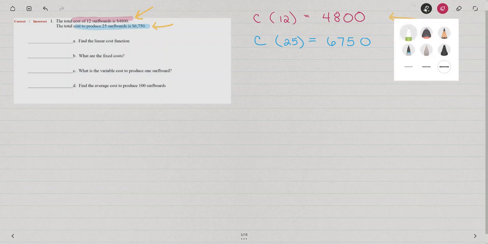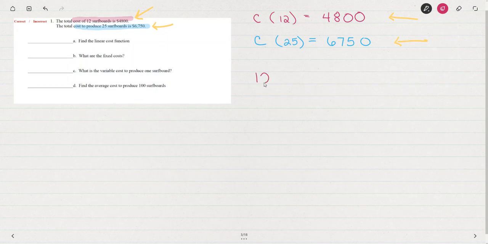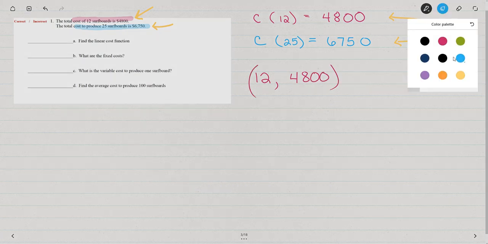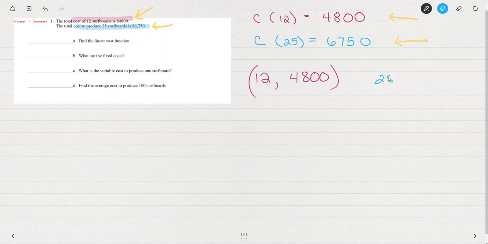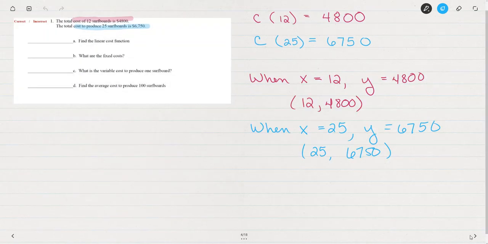For the pink function, what this means is that when X is 12, Y is 4,800. And that blue function means that when X is 25, Y is 6,750. So we could write these two ordered pairs.